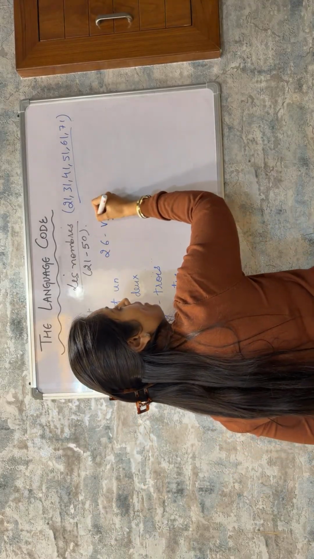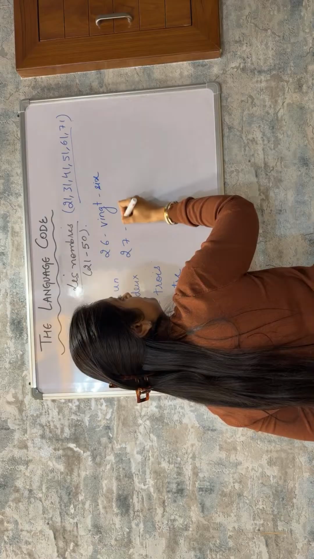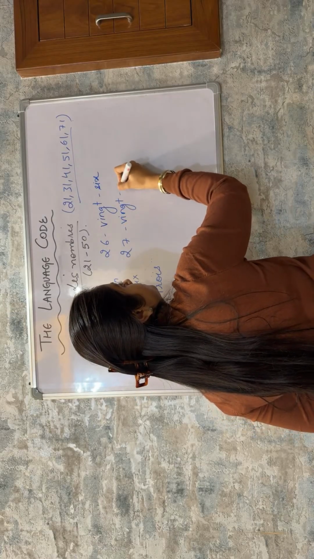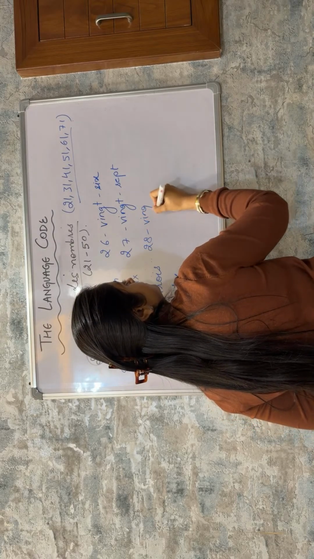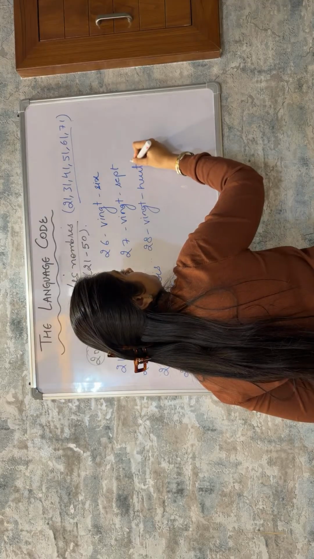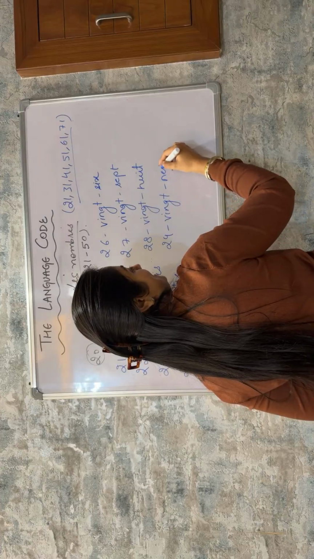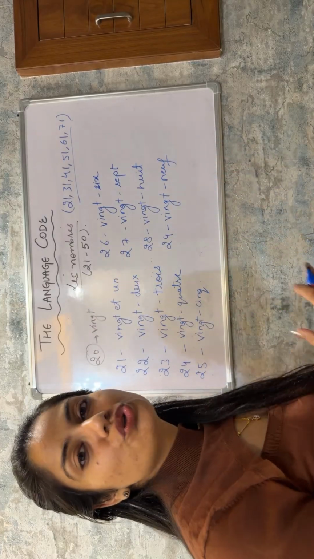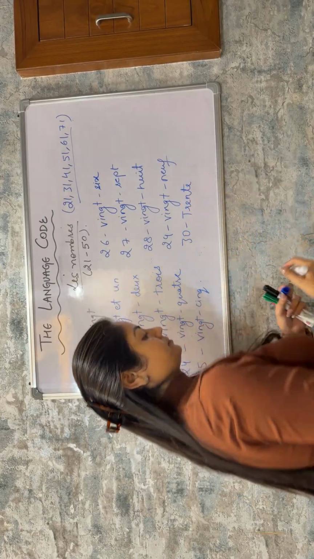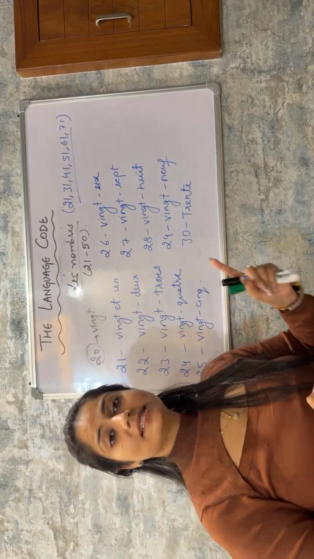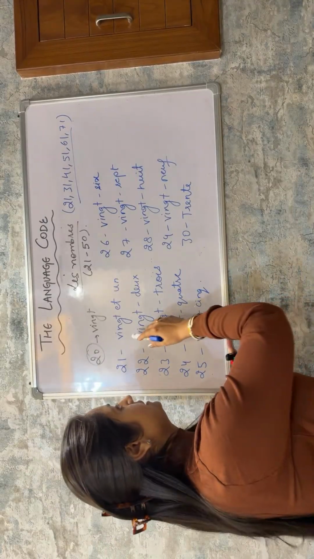26, 27, 28, 29, and 30 is called trente. See, it is following the same pattern.